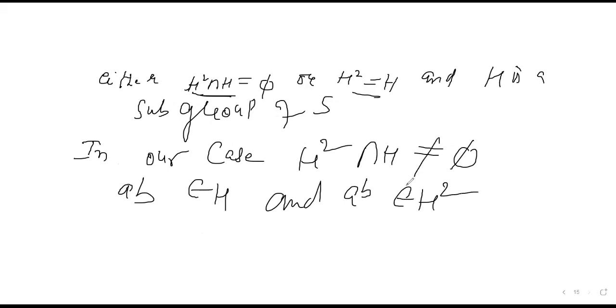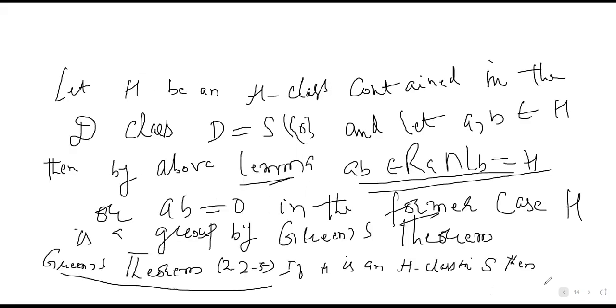So this is non-empty. So therefore by Green's theorem, H square is H and H is a subgroup of S. So therefore in the former case H is a group. This is true.